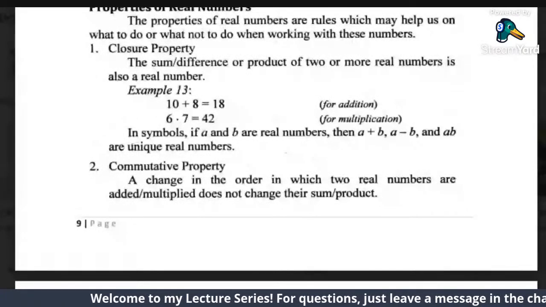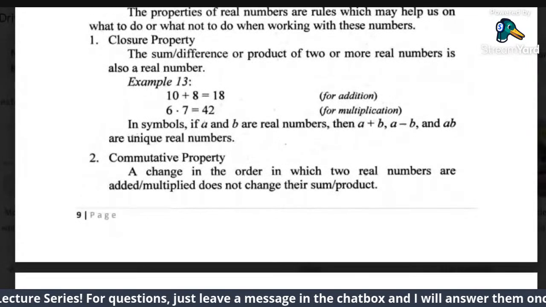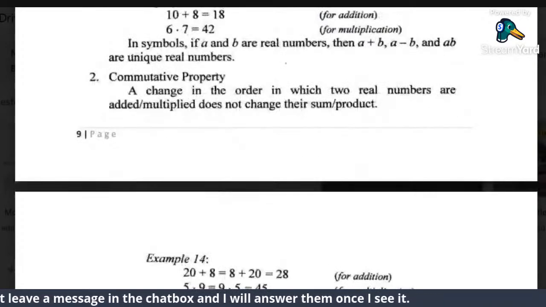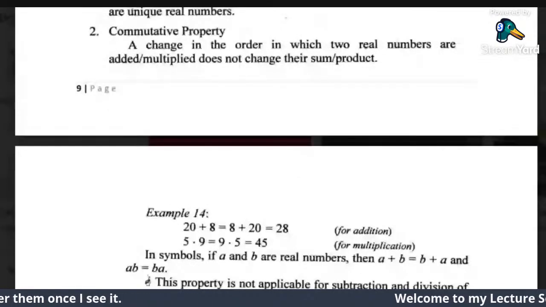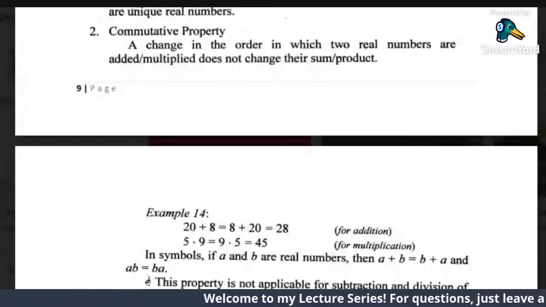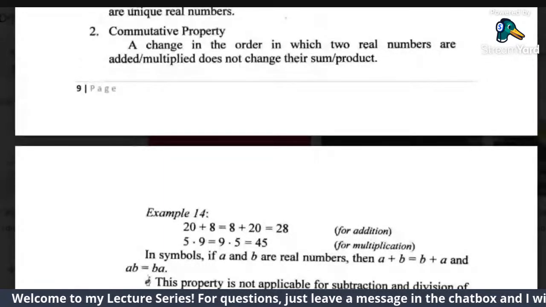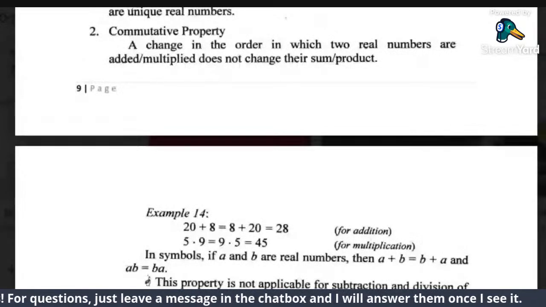Okay. Now we have the commutative property. Commutative property means a change in the order in which two real numbers are added or multiplied does not change their sum or product. In other words, the order of performing the addition and multiplication operations between two real numbers does not change their sum or product.